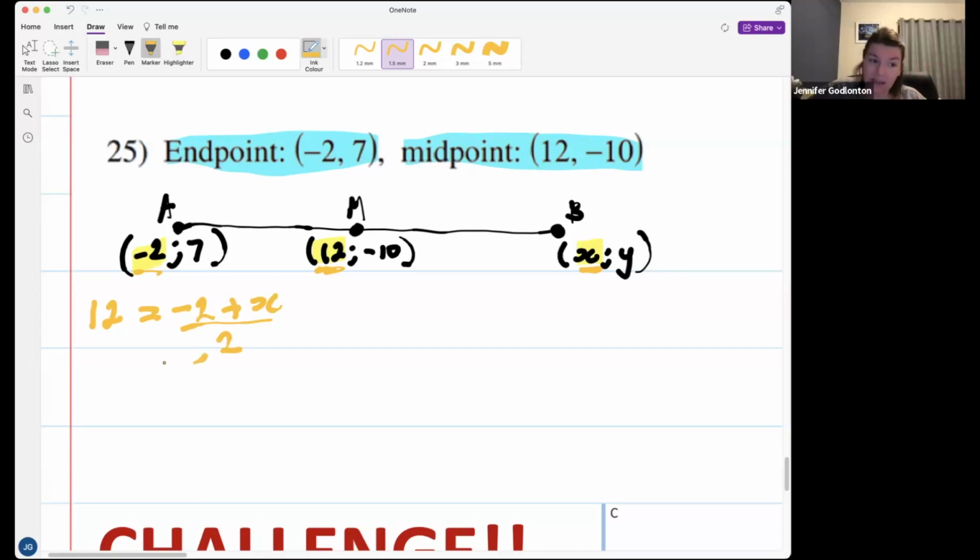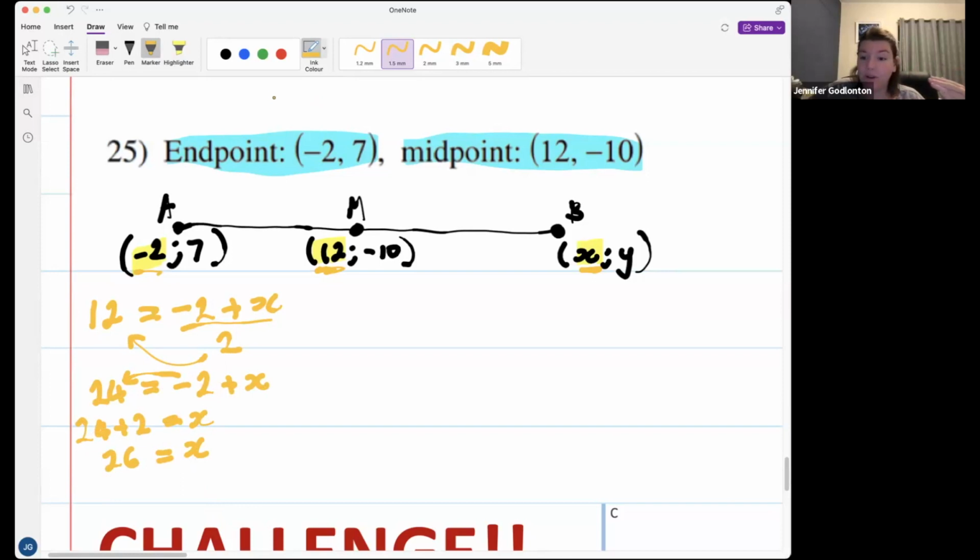Take this 2 over. So 12 times 2 is 24. 24 is equal to -2 plus X. Take your 2 over. So that's going to be 24 plus 2. I'll write that in case anyone is feeling lost. So we have 26 is equal to X. Okay, so that's our first spot.